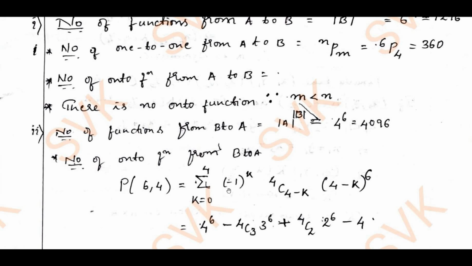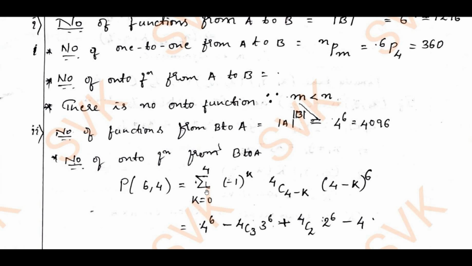How we got minus: substitute k equal to 1. So (-1)^1 is minus 1. 4C(4 minus 1), 4 minus 1 is 3, so that is 4C3. That is what I have written here. Minus 4C3, and 4 minus 1 is 3, so 3 power 6. That is the second term.